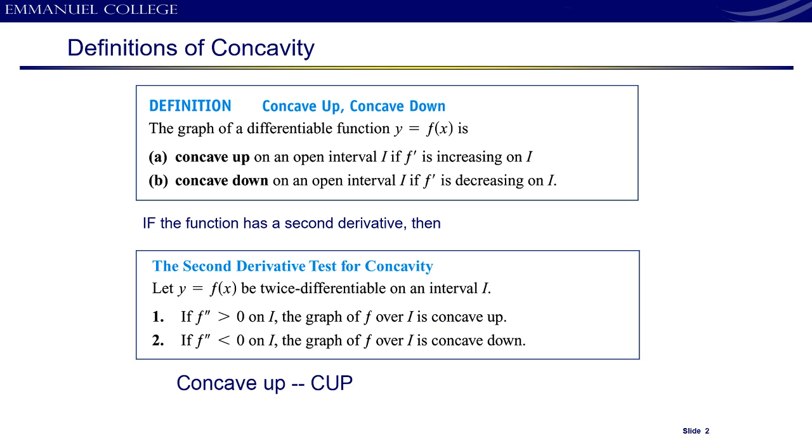And the silly way to remember how they look: concave up is a cup and concave down is a frown. So you would say this function is concave up, and you would say this function is concave down. What we're going to look at is where the function changes concavity. So if I did a function like this, you can see maybe about here.